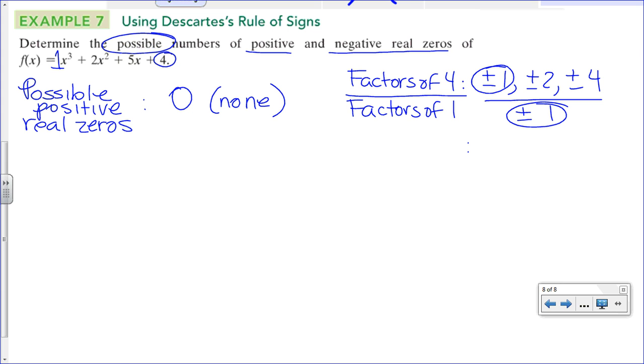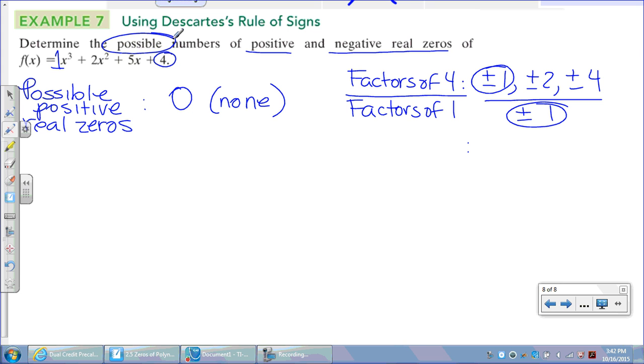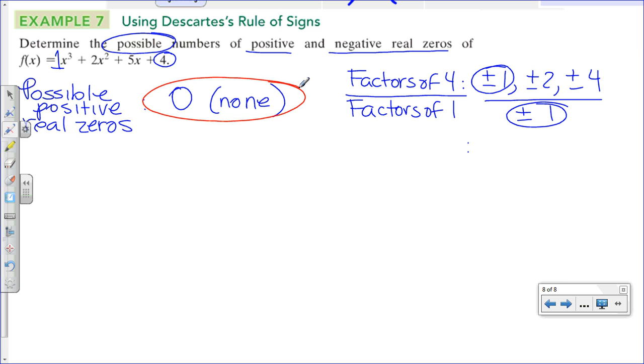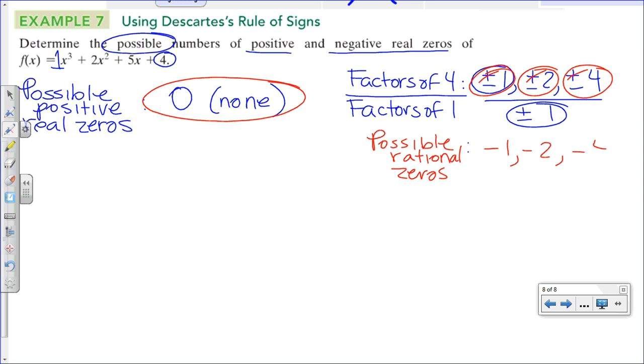But since we know that there cannot be any positive real zeros, that kind of reduces my options. Instead of going through all of them, remember, it reduces my options, so I can get rid of all the positive ones and just say that the possible rational zeros will be only negative 1, negative 2, and negative 4.